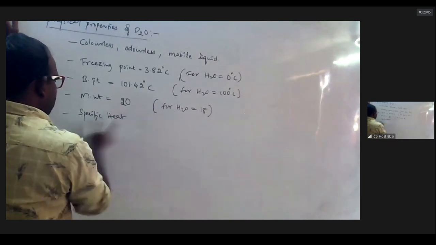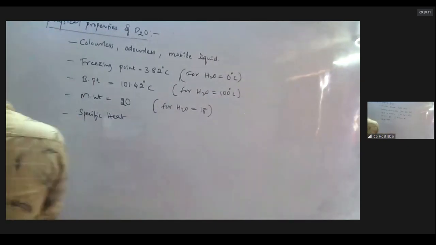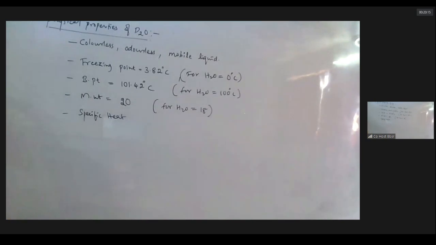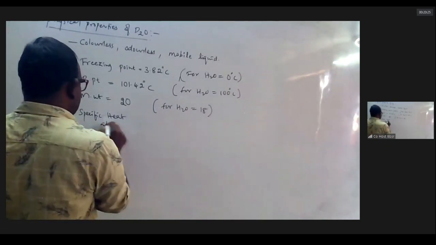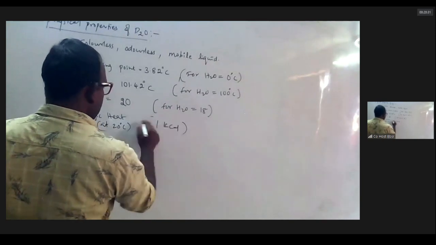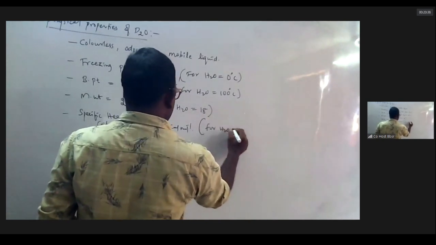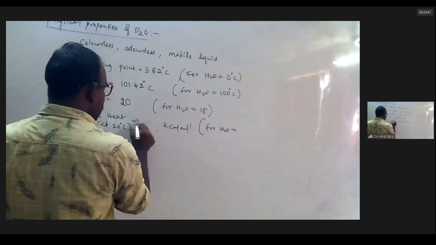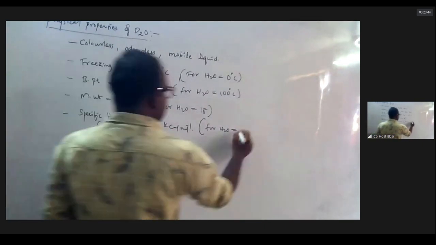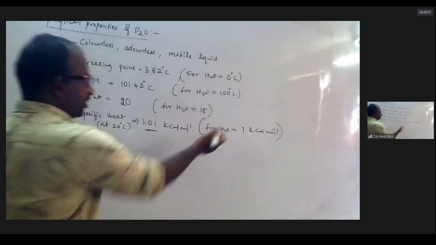Specific heat at 20 degrees Celsius is 1.1 kilocalorie per mole for D2O, and for H2O it is 1.01 kilocalorie per mole.